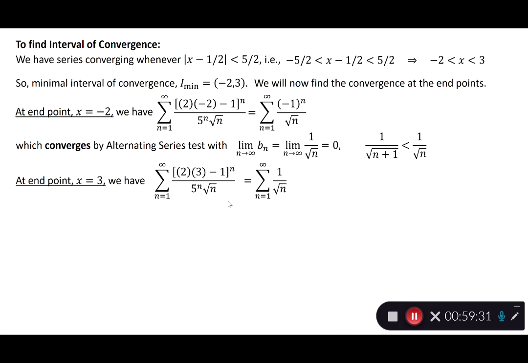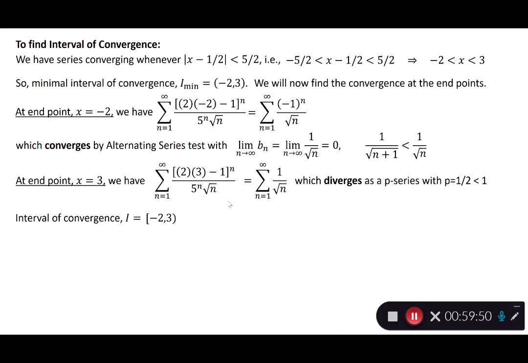Nope. Why? P series with p equals 1/2, less than 1. End of the story. So the interval of convergence is -2 to 3. -2 is closed, 3 is open. Ladies and gentlemen, that's it.